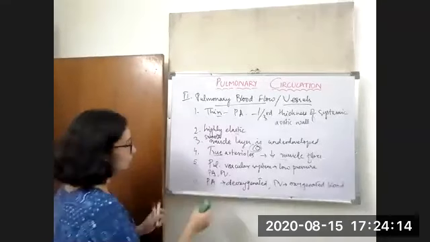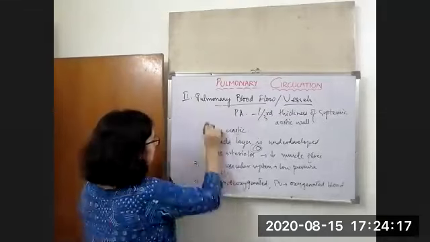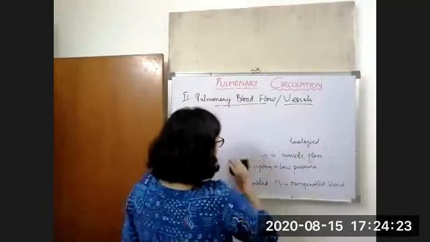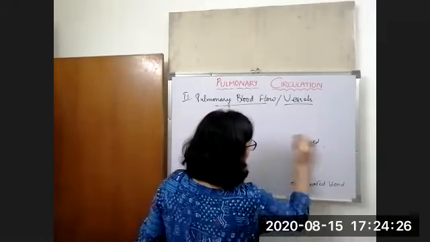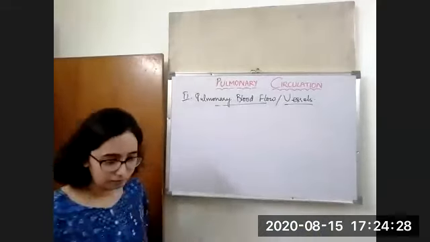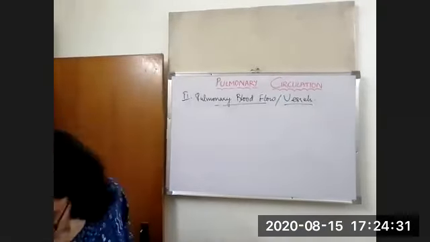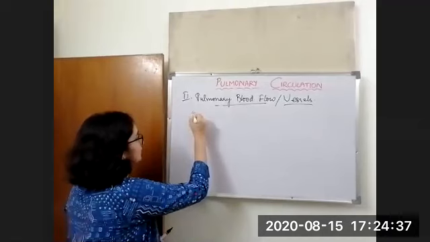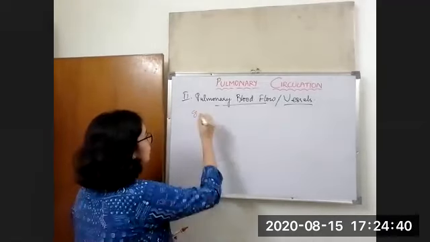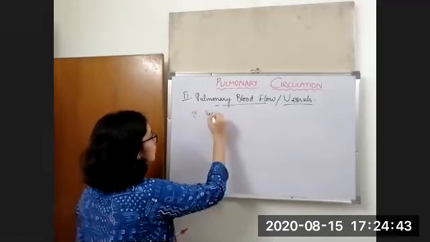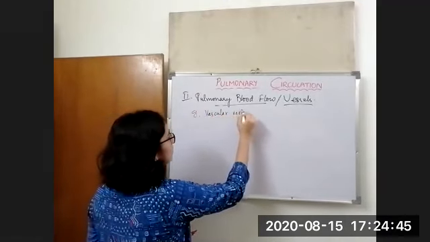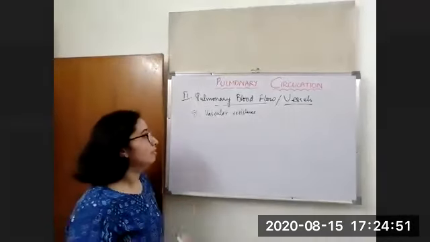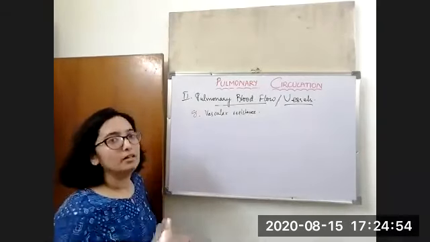Next point is vascular resistance. The vascular resistance offered by the pulmonary arteries and veins is very low compared to the systemic arteries and veins.